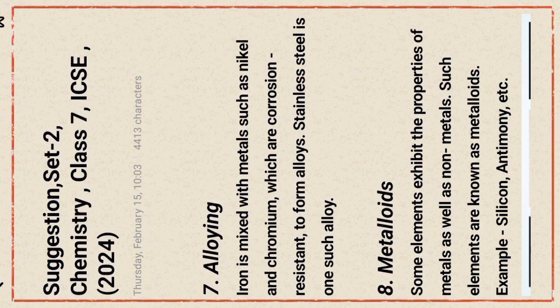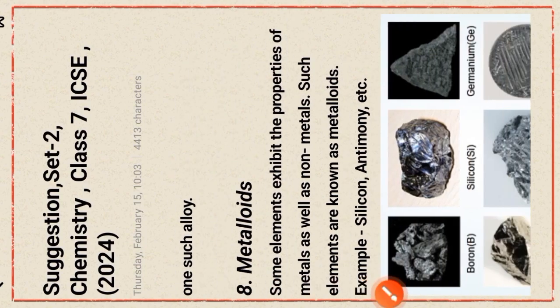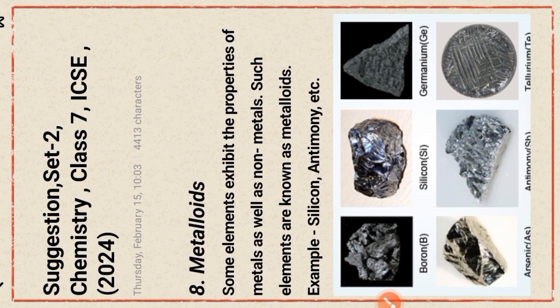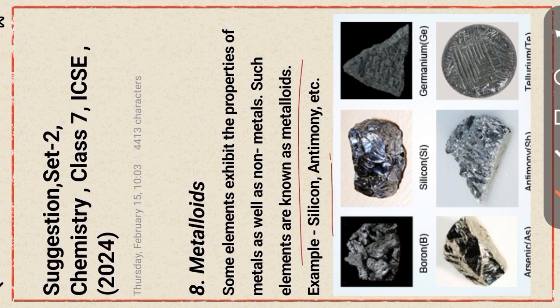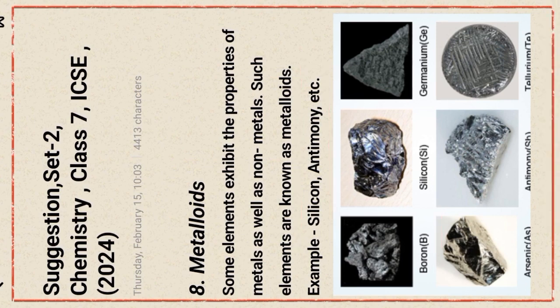Next part, metalloid. What is a metalloid? With example. Some elements exhibit properties of both metals and non-metals, and are known as metalloids. Example: silicon, arsenic, boron, germanium.